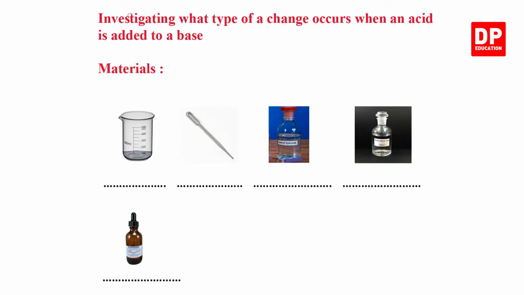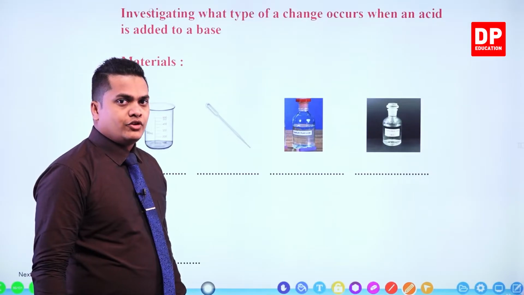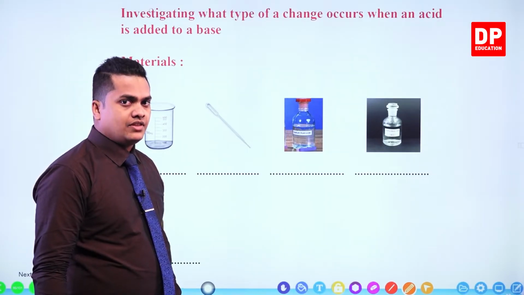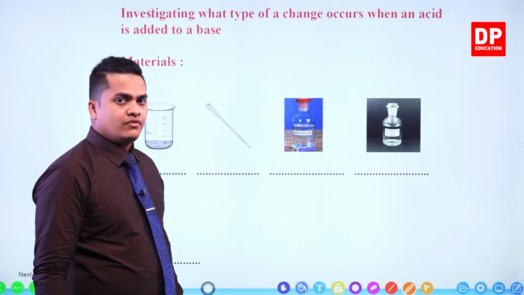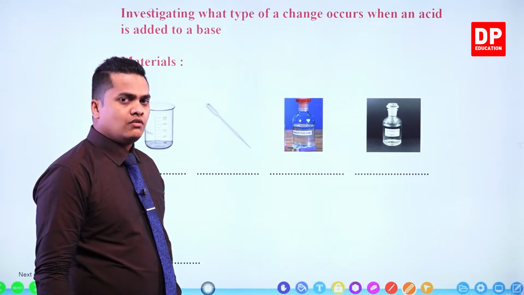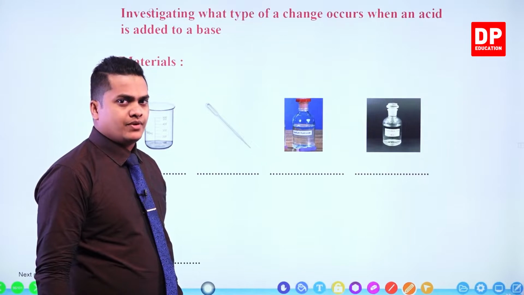So we are investigating what type of a change occurs when an acid is added to a base. When you add an acid to a base, what kind of a chemical change is going to happen, right?